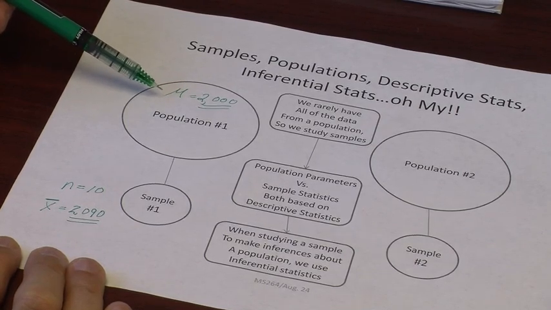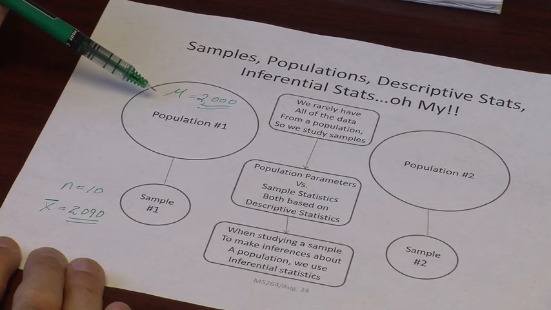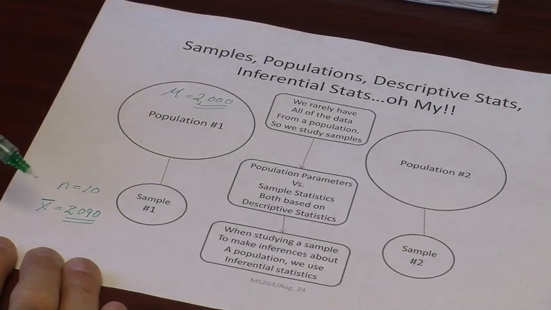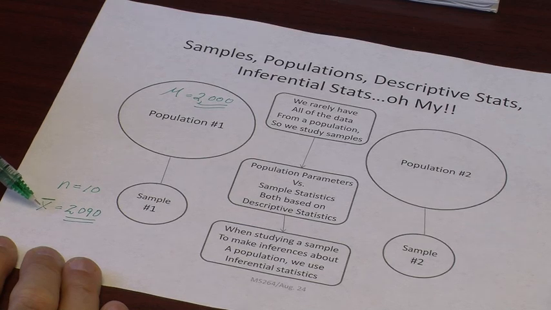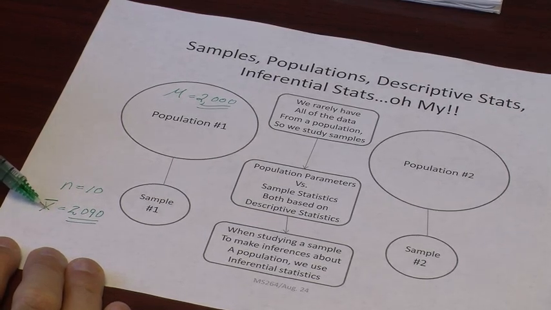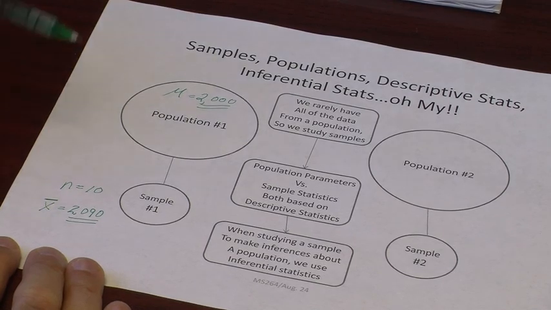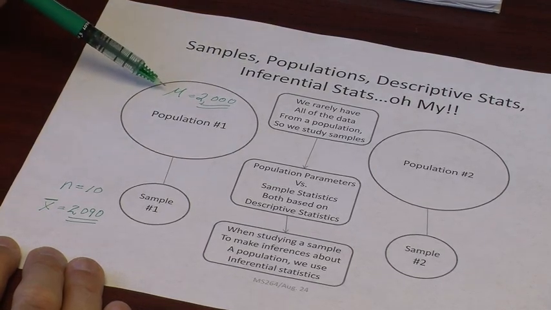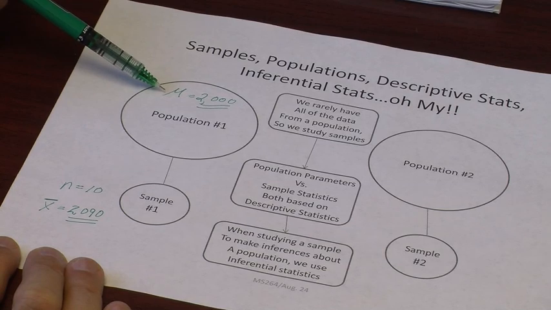So the first exercise that we did in Chapter 10 was what I call the one sample difference of means test, where we were trying to test whether our observed sample mean of 2,090 hours was statistically significantly different from the traditional life of light bulbs, that being 2,000 hours.